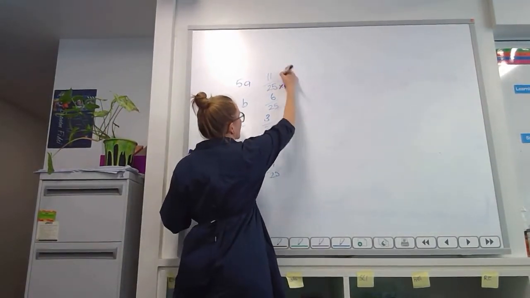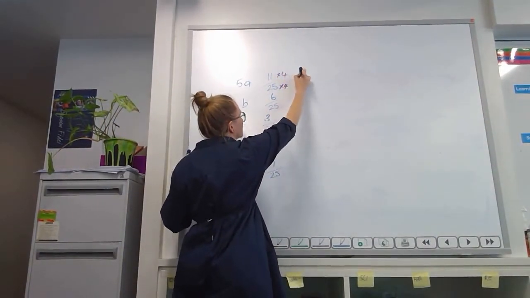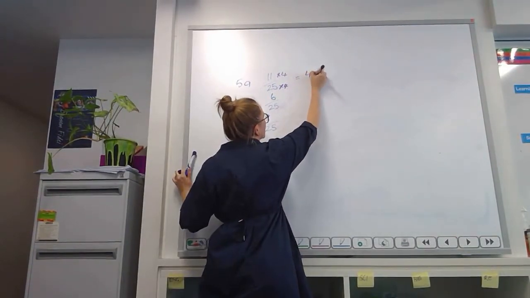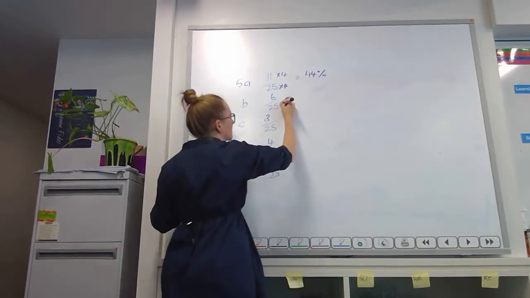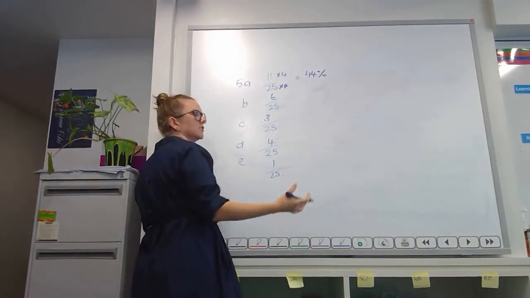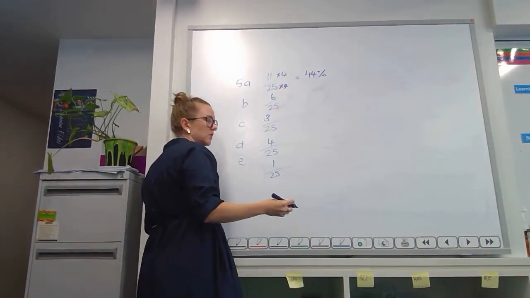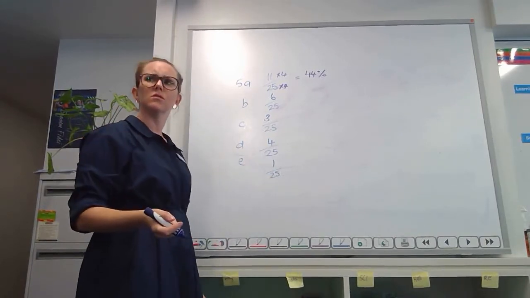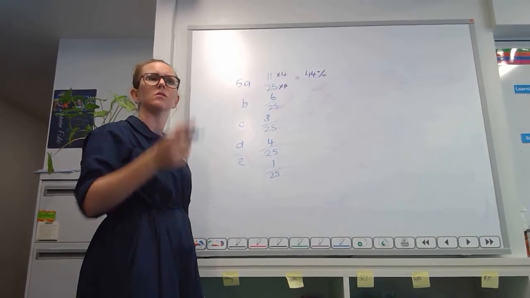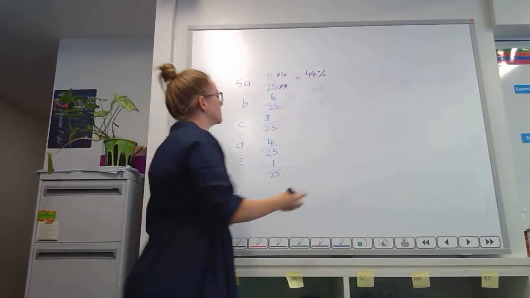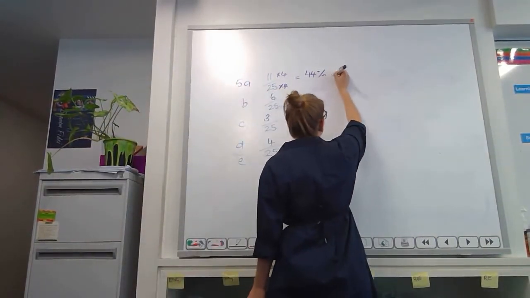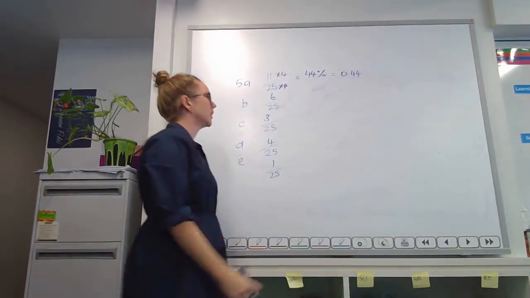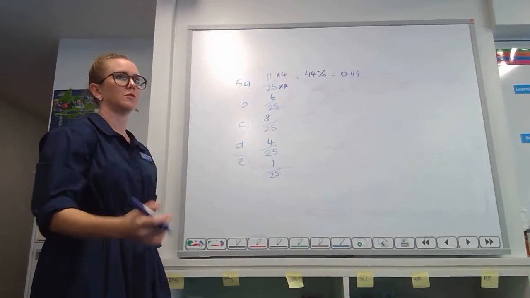And whatever I do to the bottom, I do to the top. So my number at the top is 44%. We don't need to put over 100 because it's going to be our percentage. Okay, so 44%. What is that as a decimal? 0.4. Yes, Charlie. Right, 0.44. It's not just 0.4. That's not detailed enough. If it was 40%, that would be 0.4.